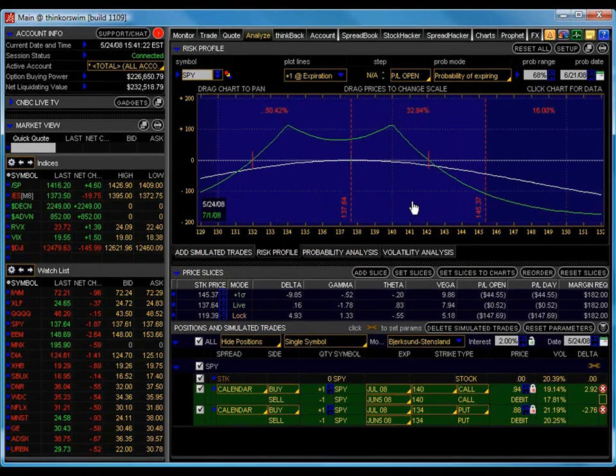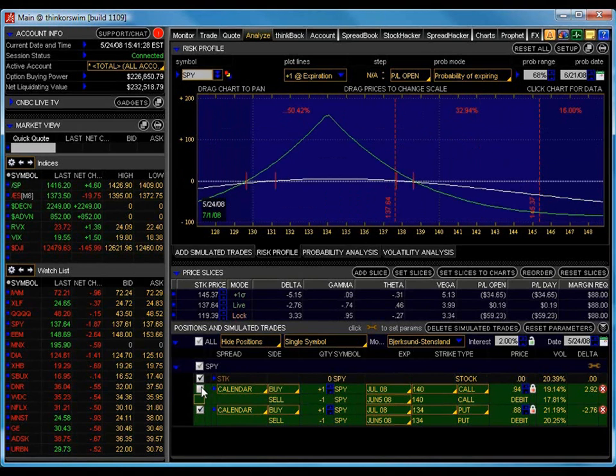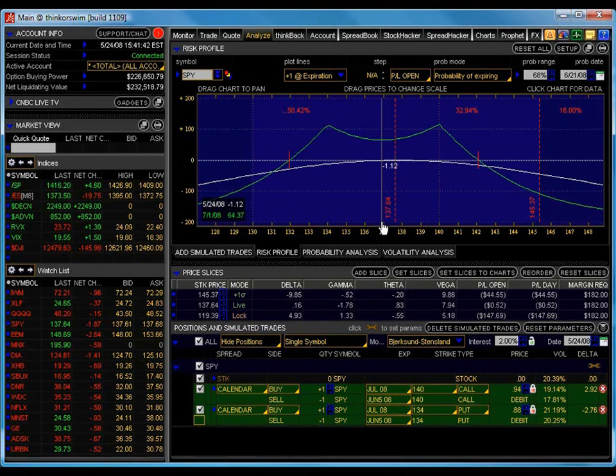What does that do? Well, it's very interesting, isn't it? Instead of the single tent, like we had before, like this one, if the price were to rise up, we would achieve our maximum profit at 104 on a bullish calendar spread. Now we also have a put calendar spread.